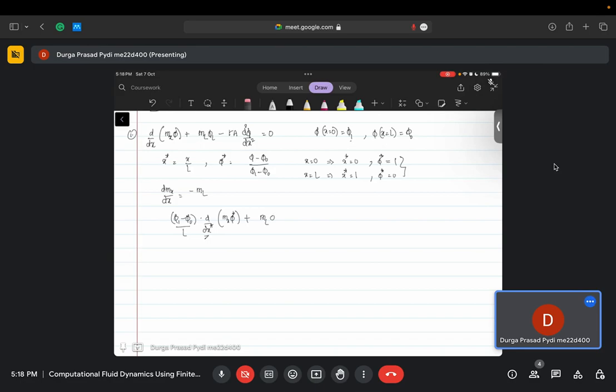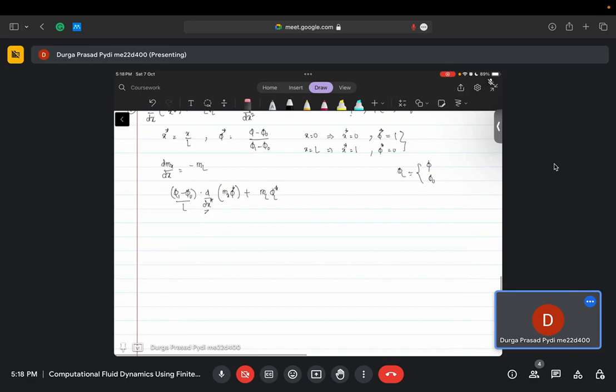This phi L, I am just writing phi L star right now, because the question says phi L can either be phi or phi 0, depending on whether ml is positive or negative. If ml is positive, then dmx is decreasing.